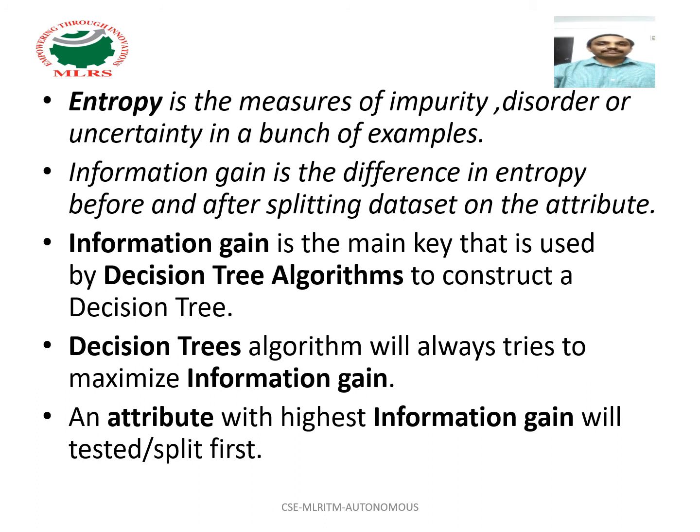Information gain is the main key used by decision tree algorithms to construct a decision tree. Decision tree algorithms will always try to maximize information gain. An attribute with the highest information gain will be tested or split first.